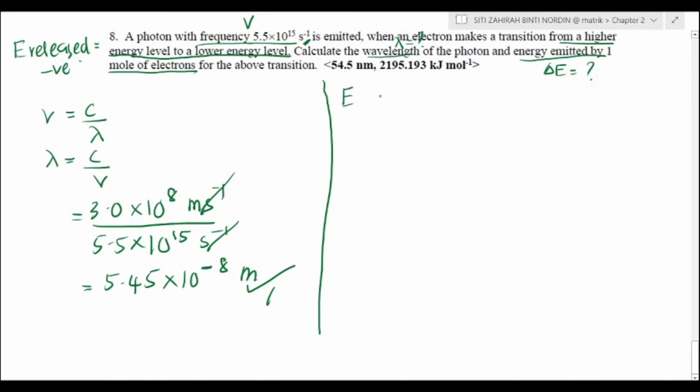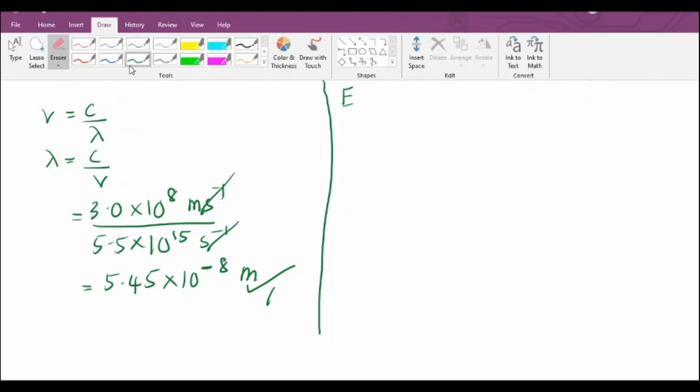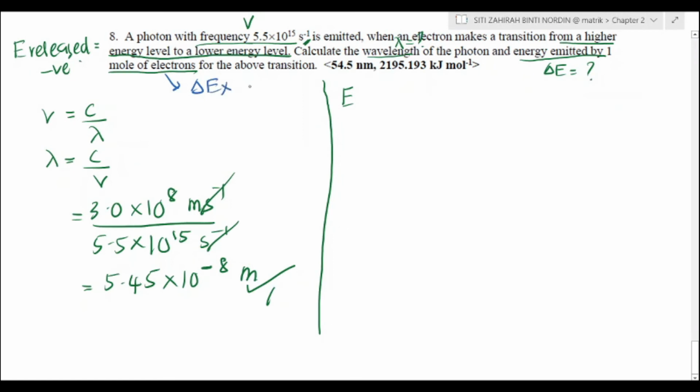Next, in order to calculate the energy emitted by 1 mole of electrons, you need to multiply your delta E with the Avogadro constant. Do you have your delta E yet? No. Can you find it? Yes, by using the formula delta E equal to hv.